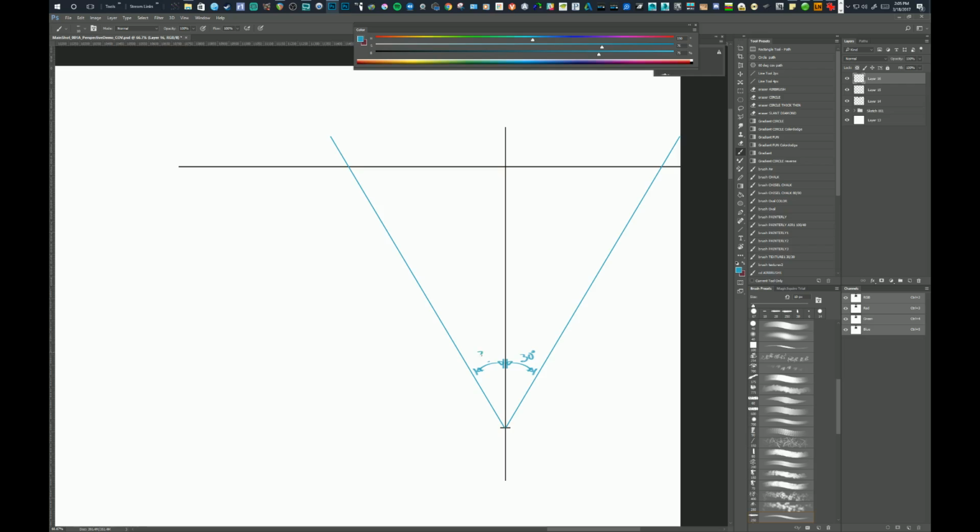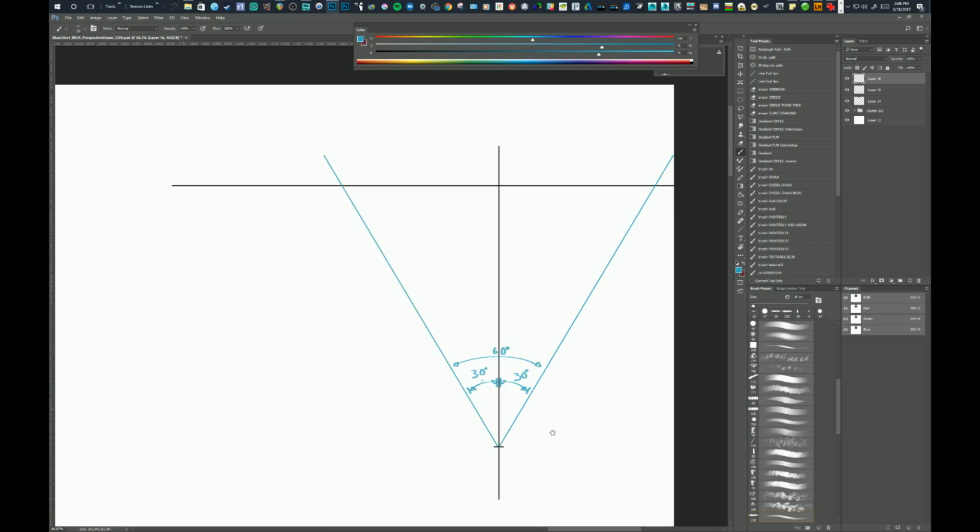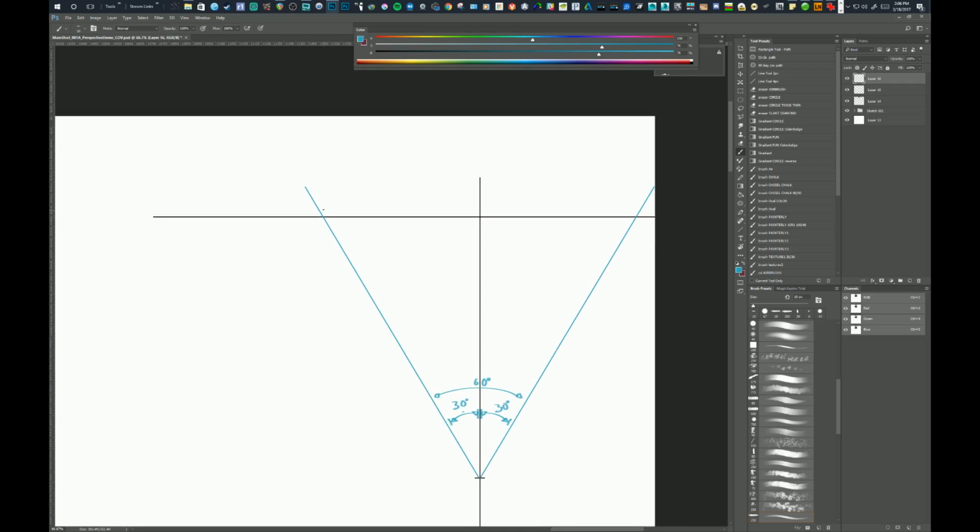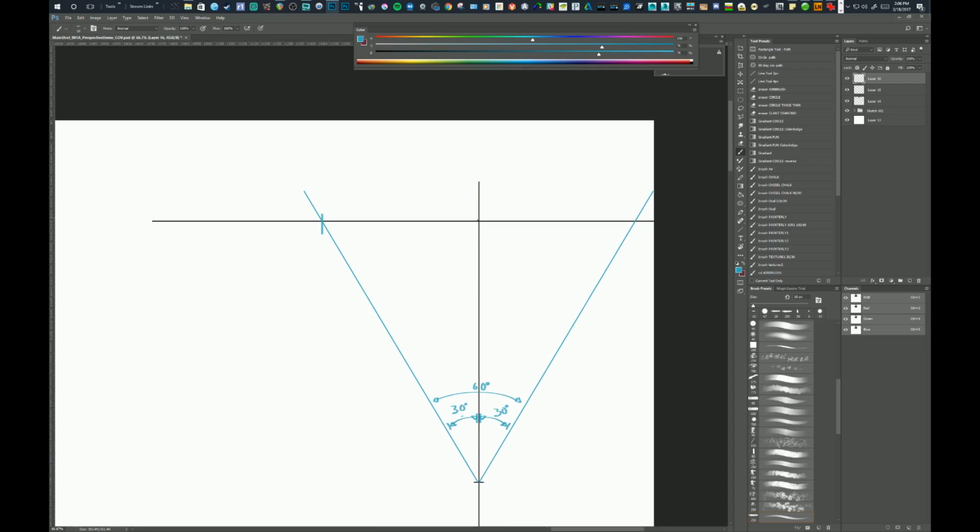we now have 30 degrees on the right, which means that the total amount of degrees would be 60, right? So that means that wherever this line meets that edge, from the center over to that line is a 30 degree difference from the eye, right? So the eye is right here, and it is looking in this direction.